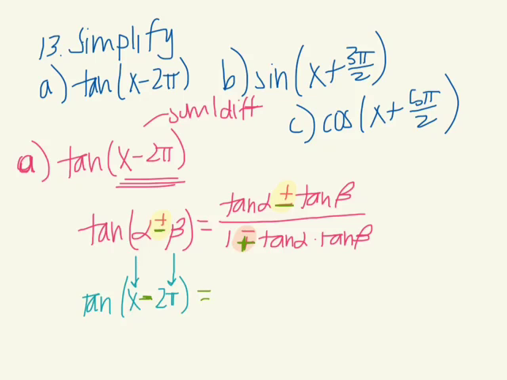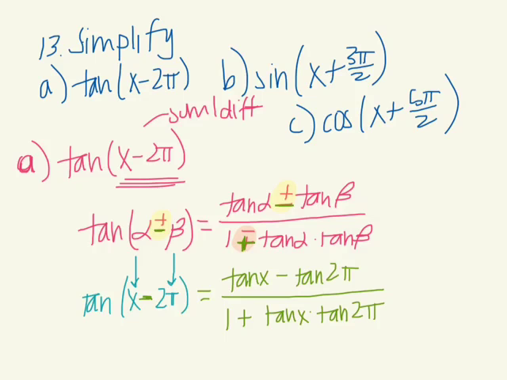So if we go ahead and fill that in, you're going to have tan x minus tan of 2 pi divided by 1 plus tan x times tan of 2 pi.